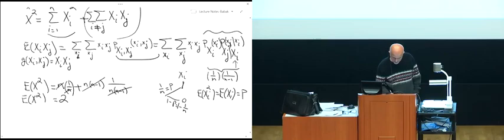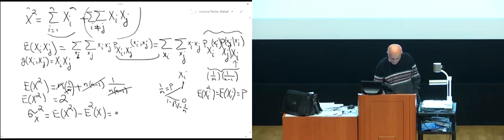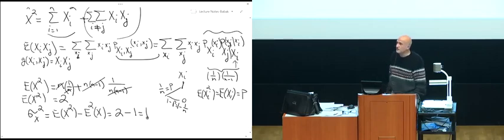And what's the variance of x now? Sigma x squared is the second moment minus square of the first moment, or the mean. Second moment we just figured out was 2, and the mean was what? So its square is 1. So that's also 1.